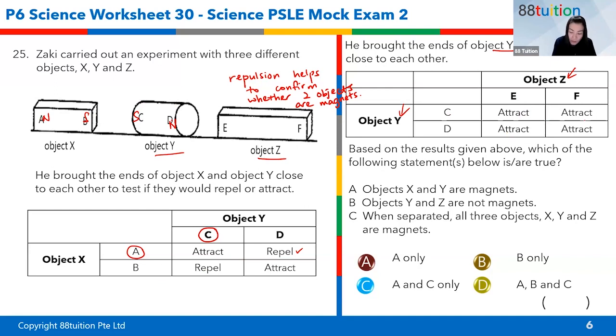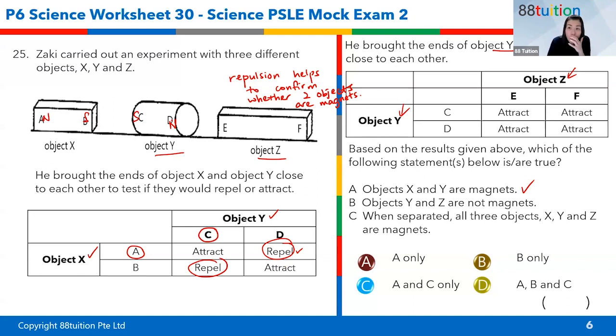So any kind of direction, it seems like there's only attraction, right? Now there's no repulsion. So what does it tell me? Z is not a magnet, right? But because there's repulsion here, I can say that X and Y are magnets, correct?